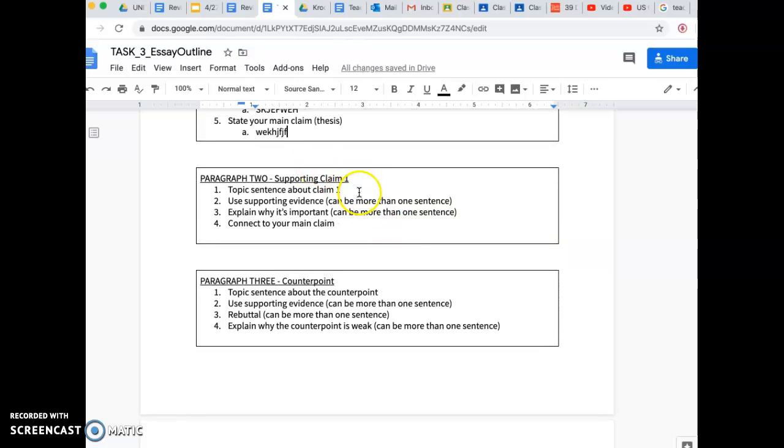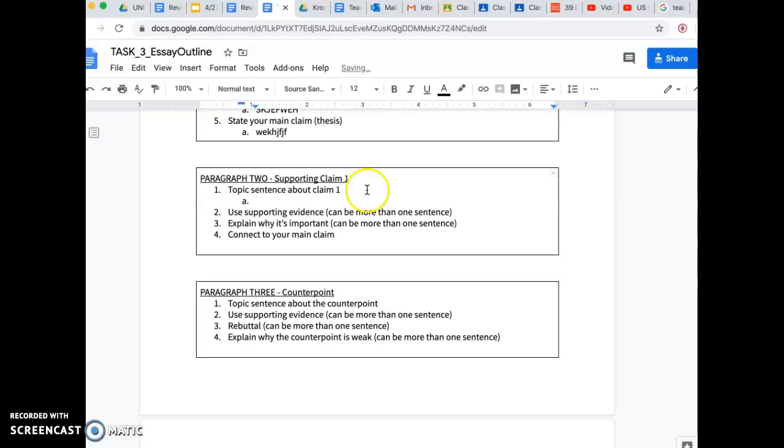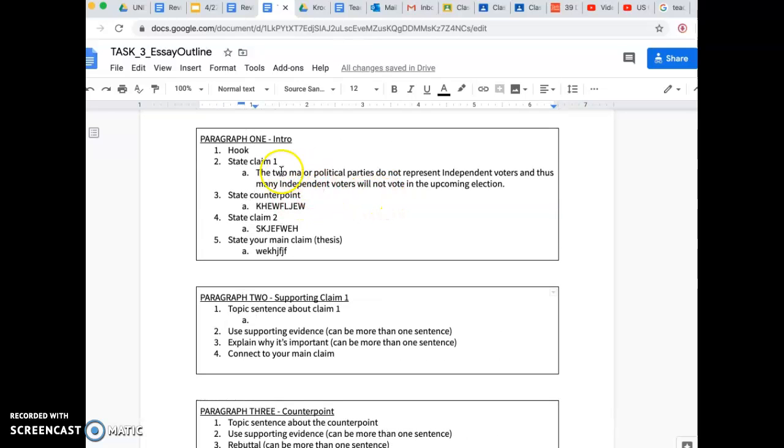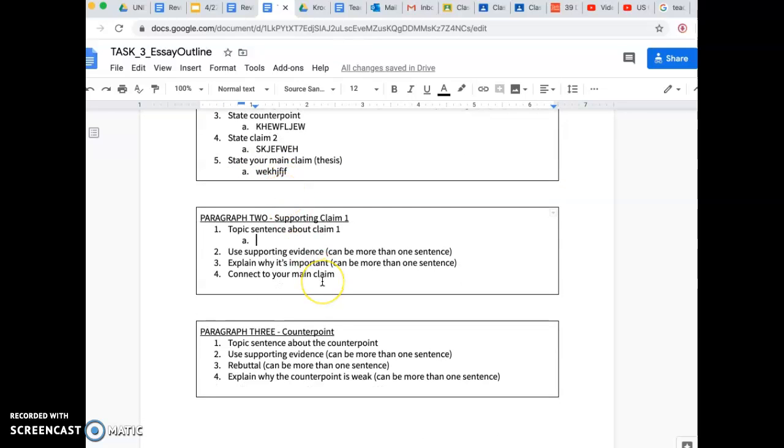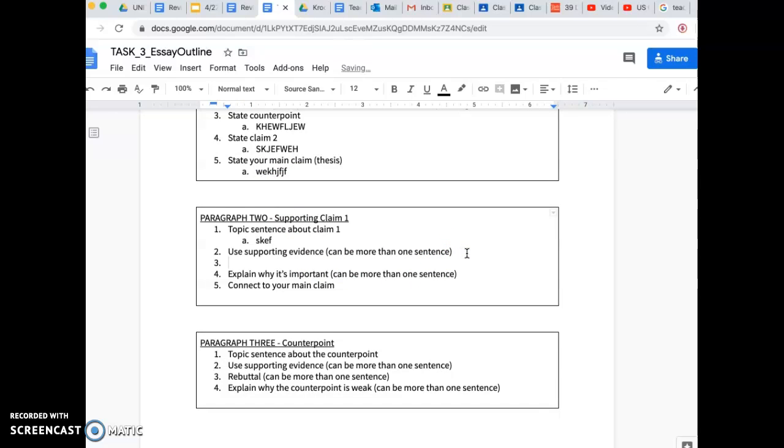Moving on, paragraph 2, it's going to look about the same. You're going to have a topic sentence, which is going to look similar to whatever your claim was in the introduction. Write something in there. And use supporting evidence. This is where you're going to look to see what source you want to use. So this is where you can make a note like, okay, I want to use source D for this.